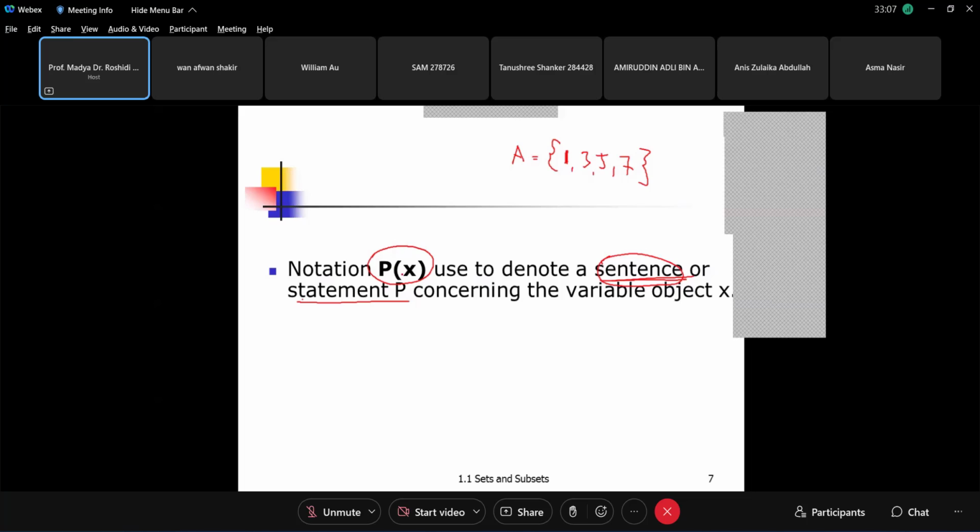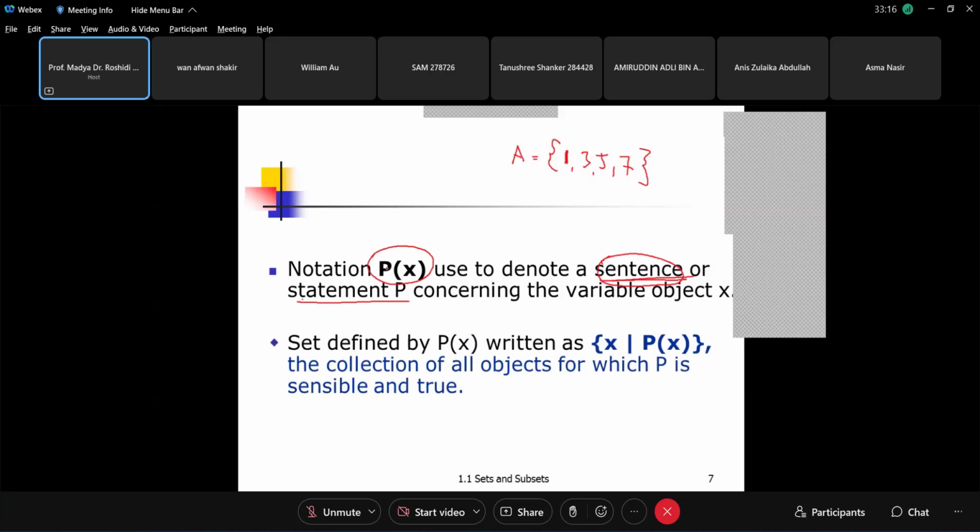We utilize P(x), where x is the object and P represents the one group, like a sentence or statement. So how do we represent it in a set? We put x here. We have a set where x is an element. This symbol represents one statement or one sentence. So we put this representation in order to show the collection of all objects for which P is true.